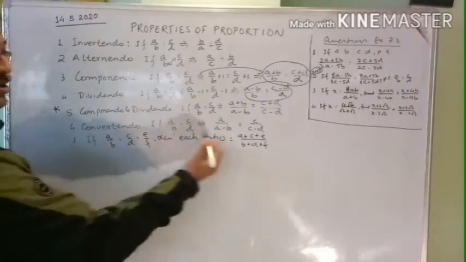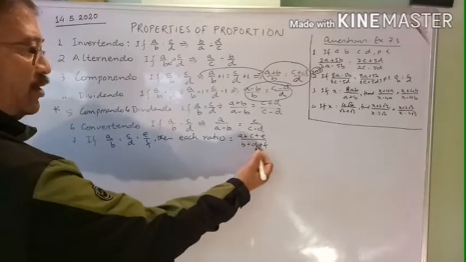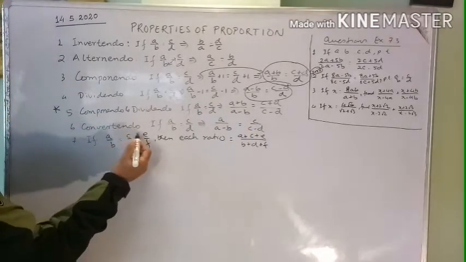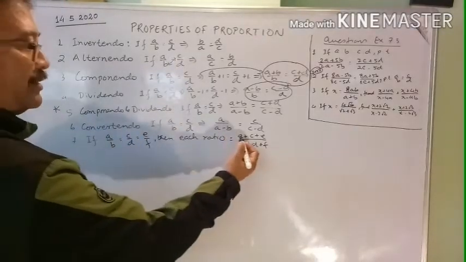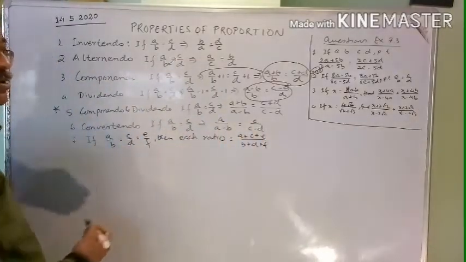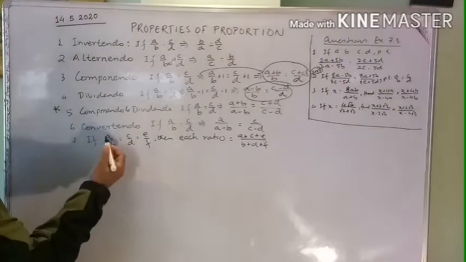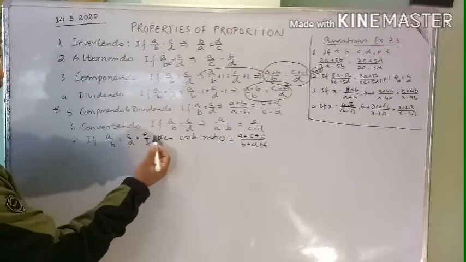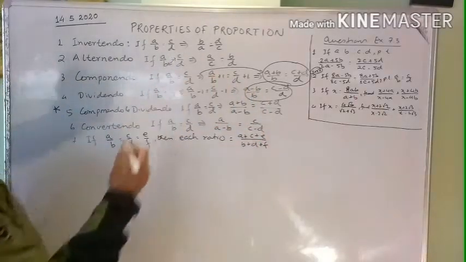That is, the sum of all antecedents upon the sum of all consequents. These are called antecedents and consequents. So here A plus C plus E plus more if you have, by B plus D plus F plus more if you have.